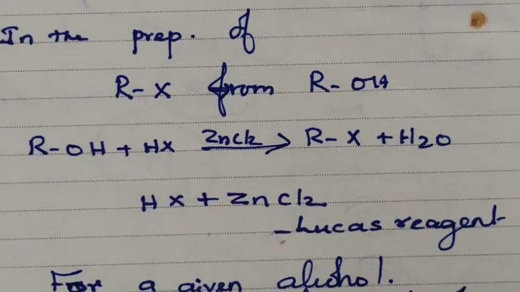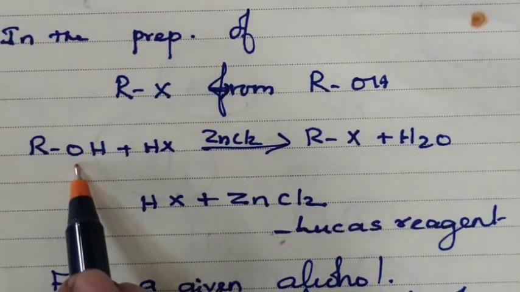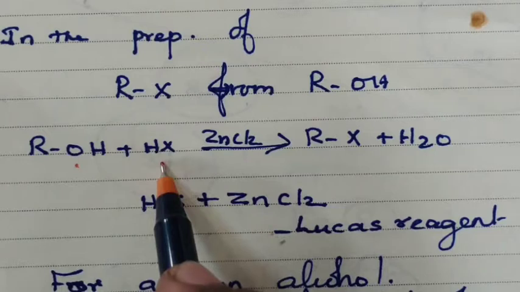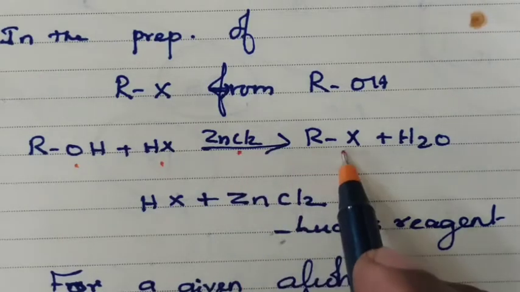In the conversion of alcohol to alkyl halide, we studied different methods. Among them, one method is that alcohols, when treated with hydrogen halide in the presence of anhydrous zinc chloride, give alkyl halide.